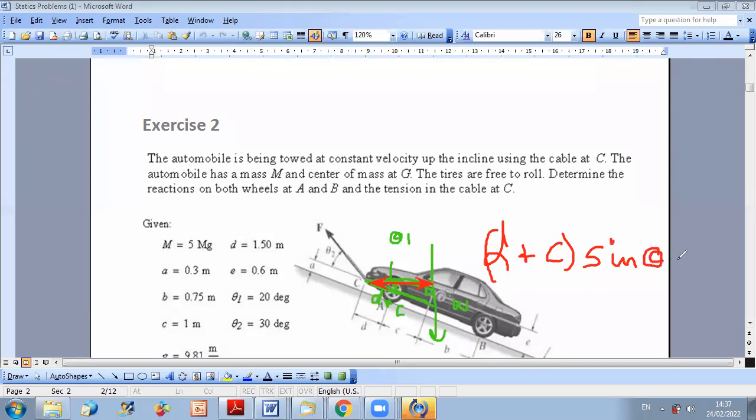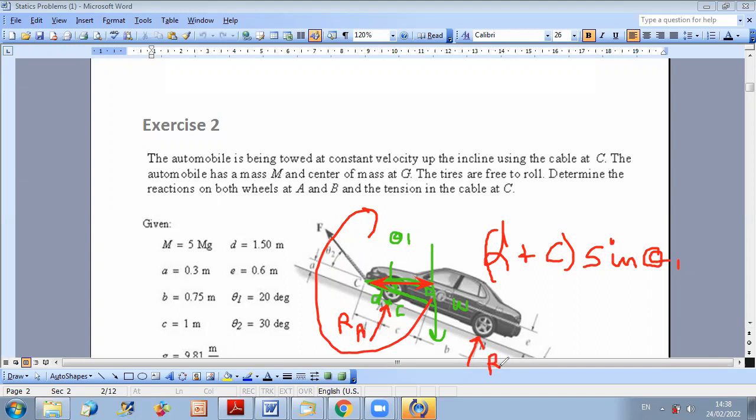And then once I find this distance, I can say that the moment of weight about C is equal to this distance times W. And the moment is in the clockwise direction about C. Now I still have the moment of the reaction at A and the moment of the reaction at B about C. So this is RA, this is RB.